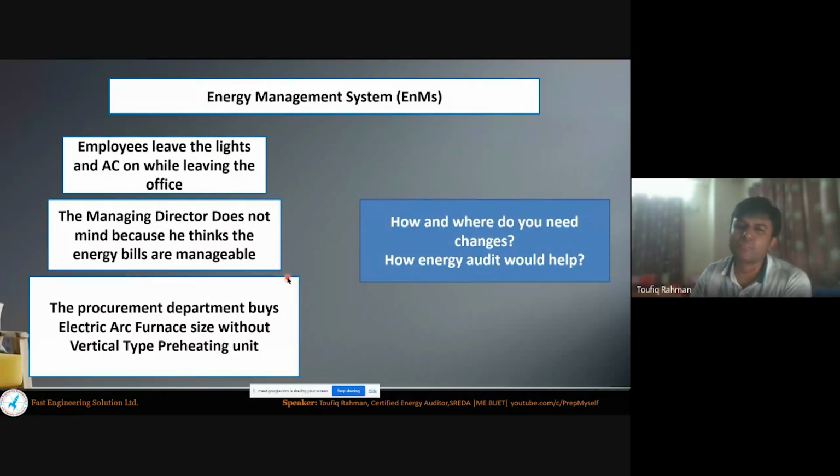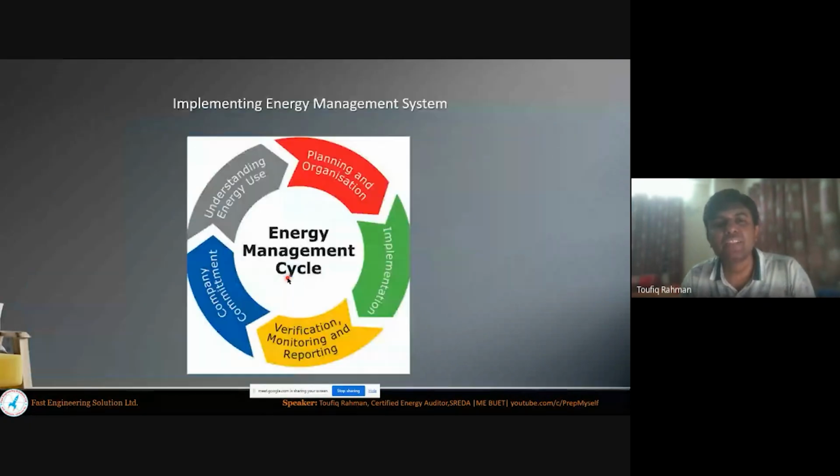I don't think so, because energy management and energy audit are only useful if the top management wants to be energy efficient. So this is the main focus of the energy management system: of course, try to engage the top management at first.